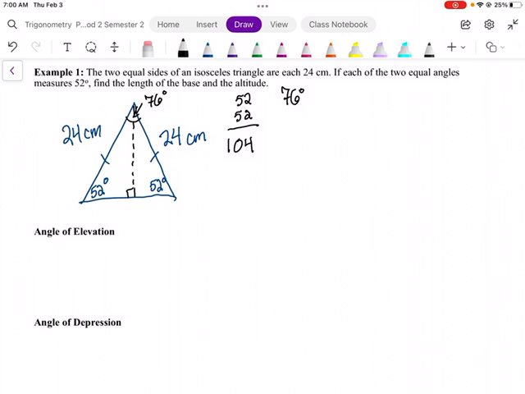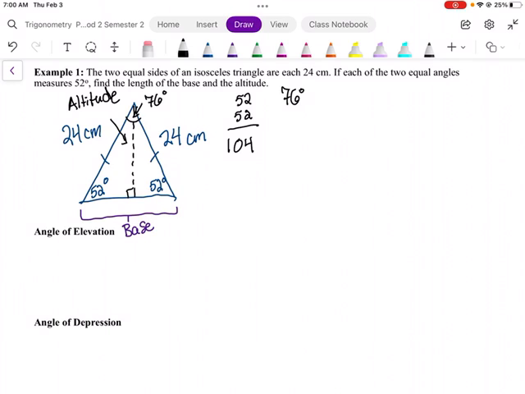And they want us to find the length of the base, which would be this entire distance here. And then they also want us to find the length of the altitude, which is that dashed line that I drew there. If you remember back to geometry, an altitude forms a right angle with the base, but it doesn't necessarily cut the base in half.